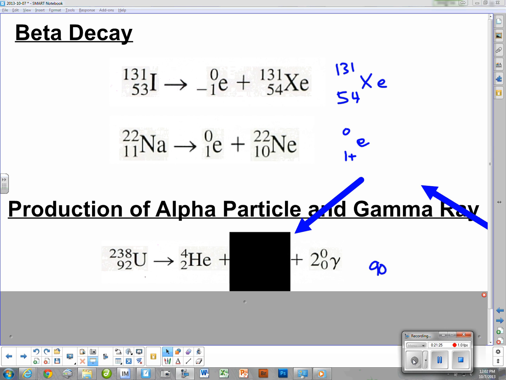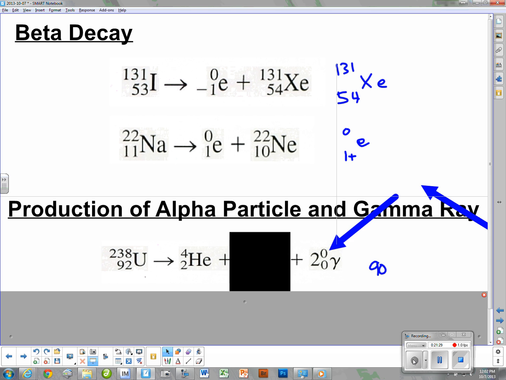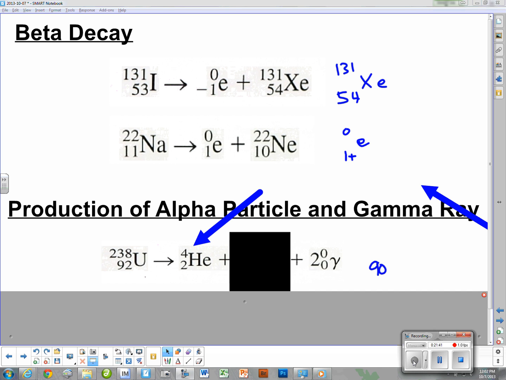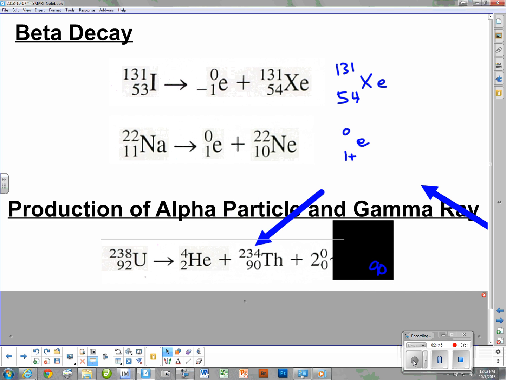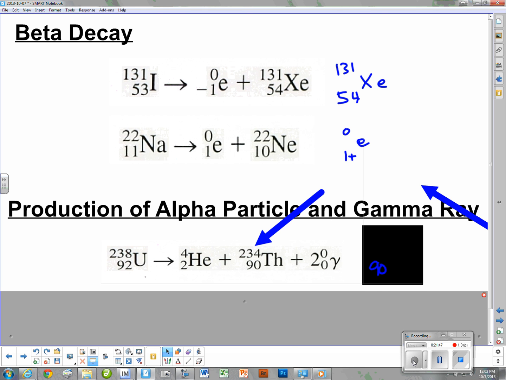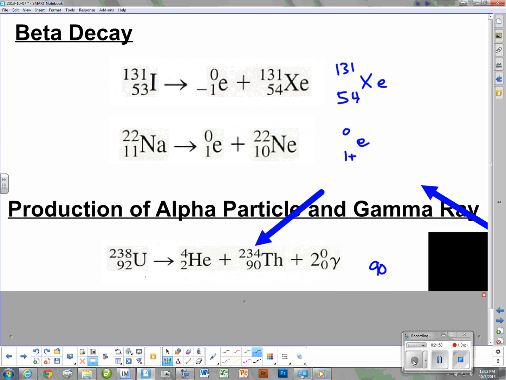Now as we figure the top number, we have to realize that we have a 0 here, and a 0 here, and a 4 here, and we got 238. So what does that number in the middle have to be? And of course, it has to be 234. Now, the 90 down here tells us the atomic number for our mystery guest.